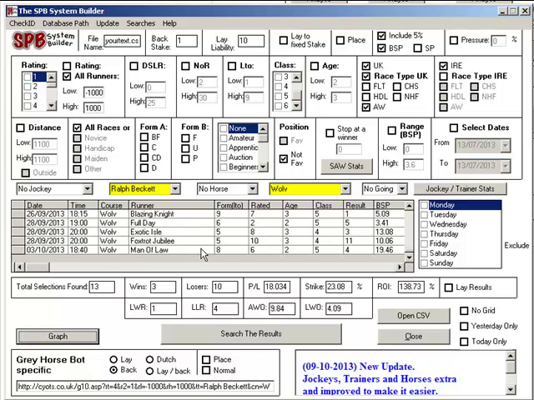The more you can cut down and find specific areas to look for places to win, the better chance you have of winning. And obviously, the more information you can find, the better. And that's why I tend to like the SBB system builder, because it gives me the clues and the information.